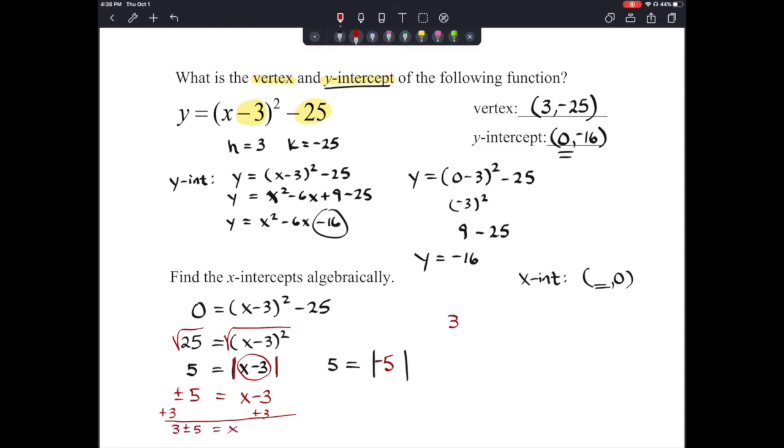That means 3 plus 5 equals x, and 3 minus 5 equals x. So x is going to equal 8, or x will equal negative 2. Those are our x-intercepts: 8, 0, and negative 2, 0.